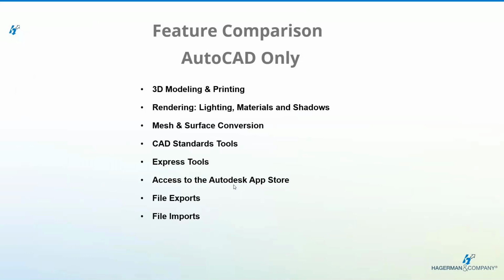Next, the Express Tools that come with AutoCAD. This is basically a bunch of add-on commands and routines for different specific tasks. Things like block replacement in a global type of situation, or arc text for something real creative. You'll have symbol builder tools, layout tools, just a bunch of tools that are more than just a single command in AutoCAD, and they're available for free as part of AutoCAD.